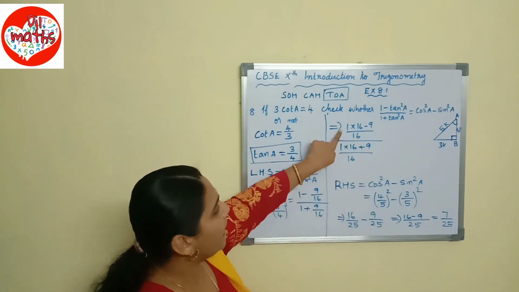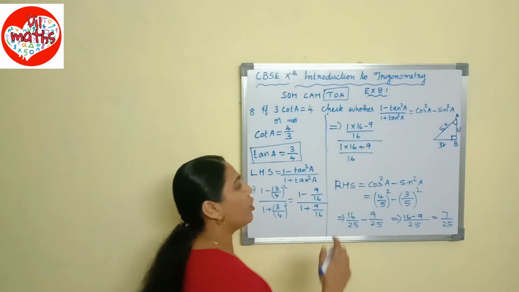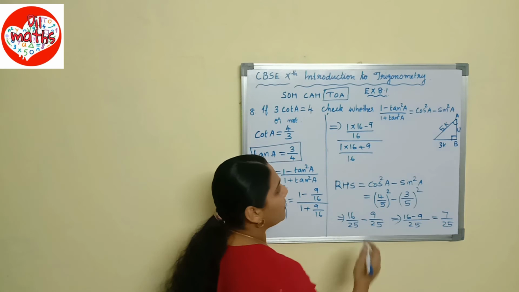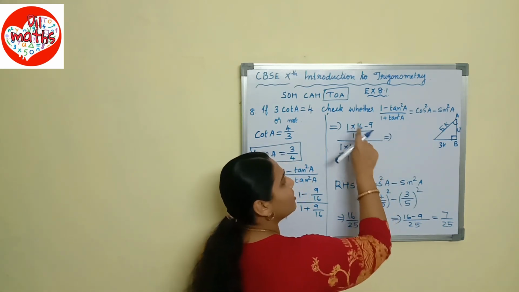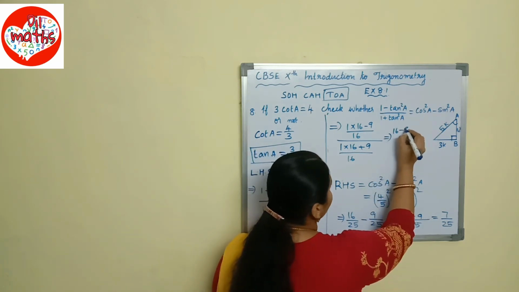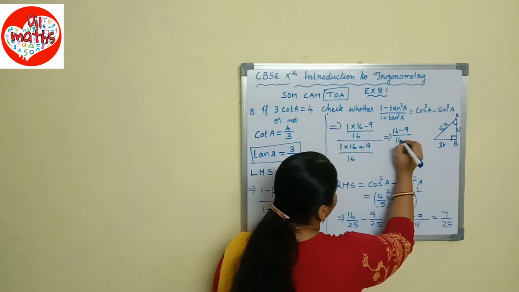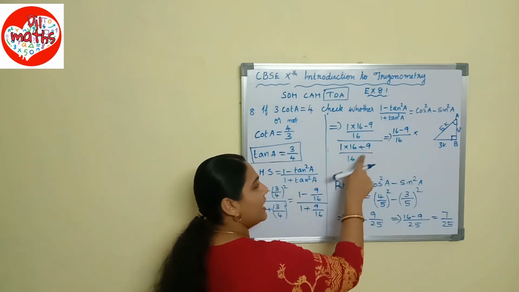Now you know that a by b divided by c by d, we can multiply with the reciprocal. If it is division, we can multiply with the reciprocal. So we can write this as 1 into 16, which is 16, minus 9 divided by 16, into, in the denominator, 16 plus 9 divided by 16.